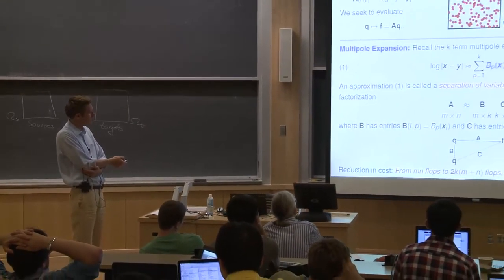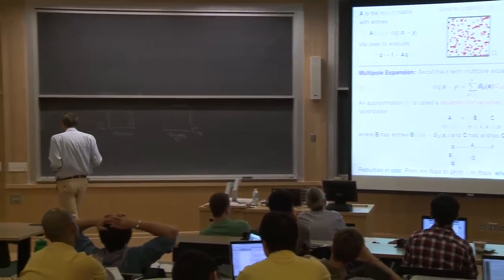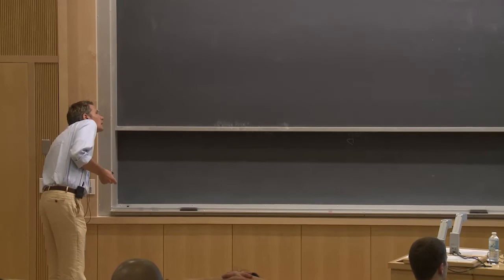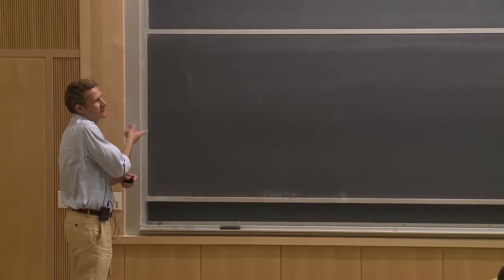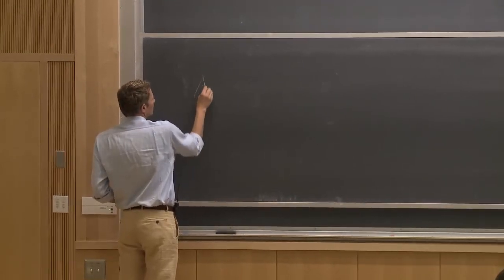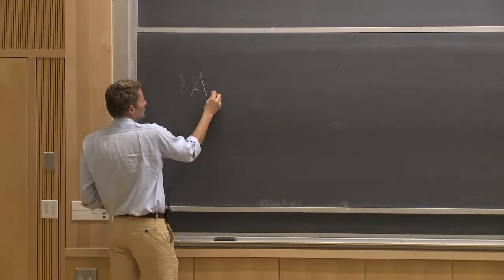Okay. So if you have this type of expression, there was a couple of questions yesterday, so let's maybe do this explicitly. So we want to evaluate the ith entry of Aq.